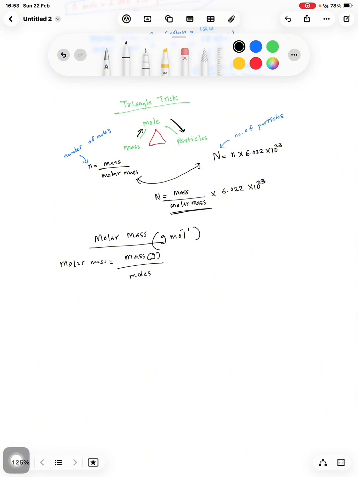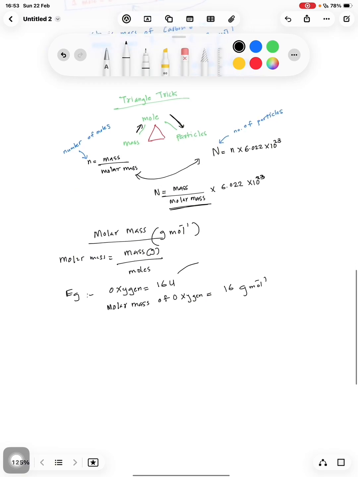But practically, molar mass is equal to numerical atomic mass in grams. For example, oxygen is 16U. Therefore, the molar mass of oxygen is 16 grams per mole. Atomic mass we can't measure, it is microscopic, but molar mass can be measured.